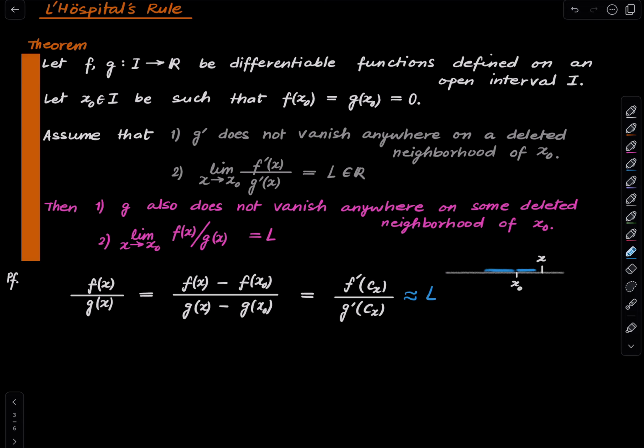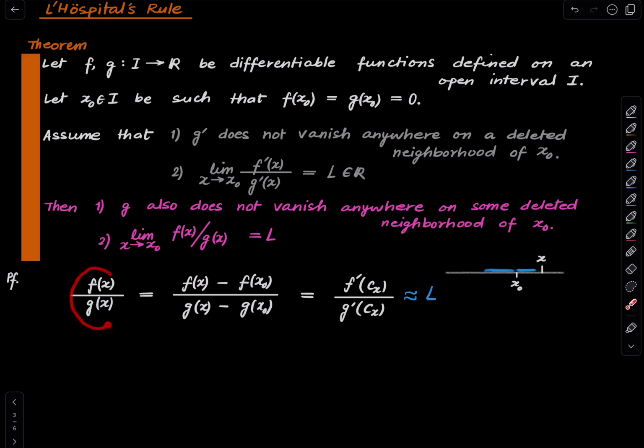Now, if G vanished somewhere in this neighborhood, we are claiming that G will also not vanish anywhere on this deleted neighborhood. If G vanished, let's say at this point, G is already vanishing at x naught. G is a differentiable function. So by Rolle's theorem, the derivative of G will vanish somewhere strictly between the 2 points, and that will contradict 1. So using this, we are able to prove that immediately. And once we have that, this is a meaningful ratio.